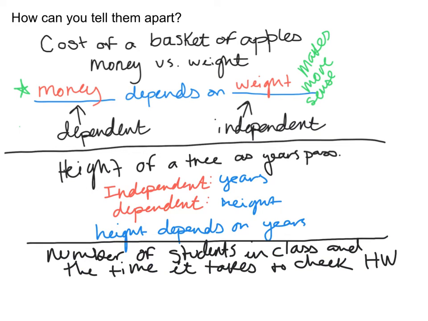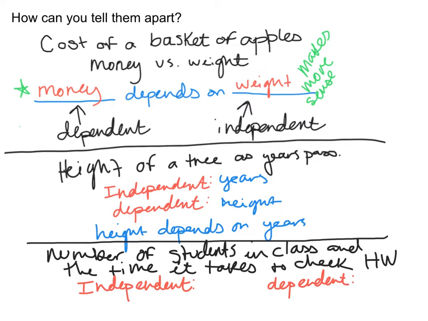All right, let's do one more. This time, let's say we're comparing the number of students in a class and the time it takes for the teacher to check the homework. Decide what's the independent variable, what's the dependent variable. Right, so I think that the more students in class, the longer it takes to check the homework.